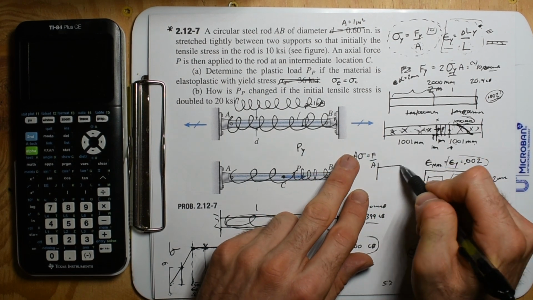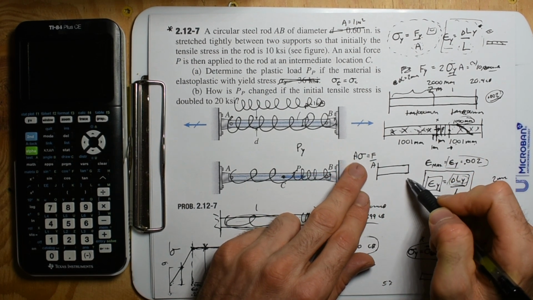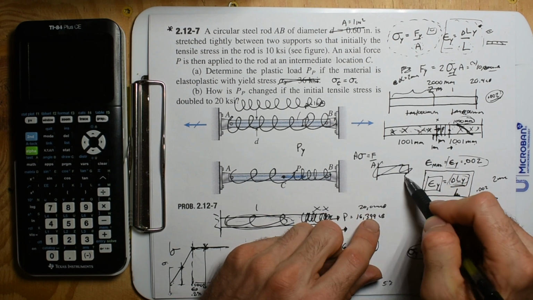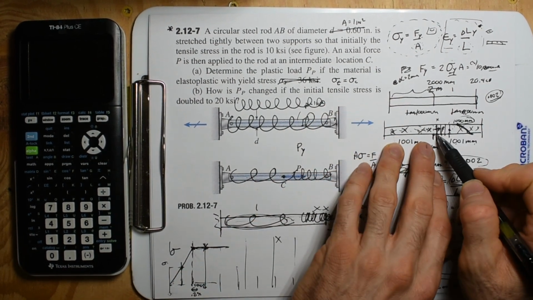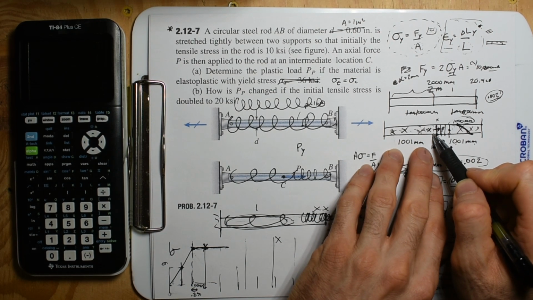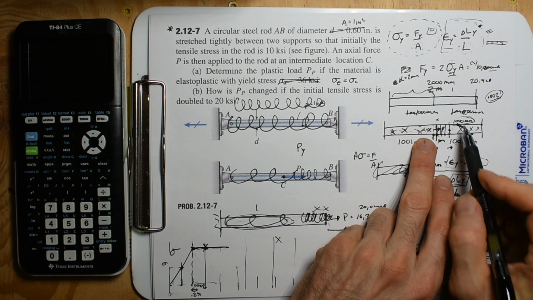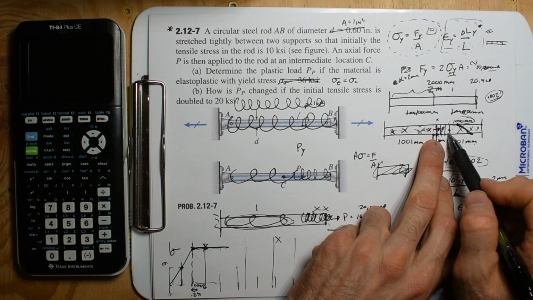If it was just one bar that was 1,000... Well, let's do this. So what we're doing is we're stretching this bar 1 millimeter, and then we're compressing this bar 1 millimeter.